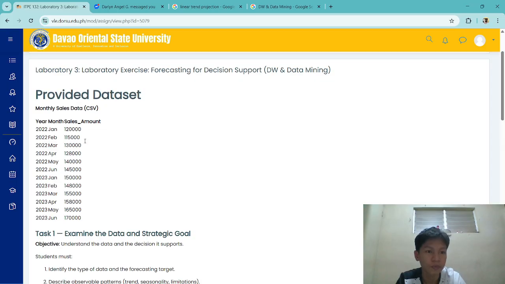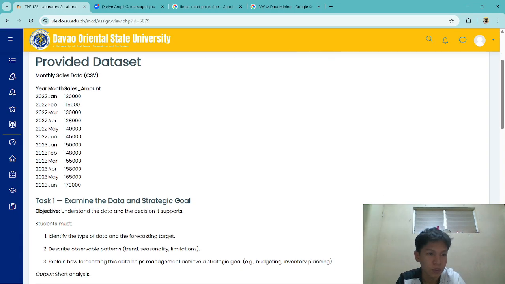So our goal is to provide the sales amounts for the upcoming months. This is 2022, and then 2023 is another January to June statement, which is 150K, down to 148, then slightly up to 155, then 158, 165.